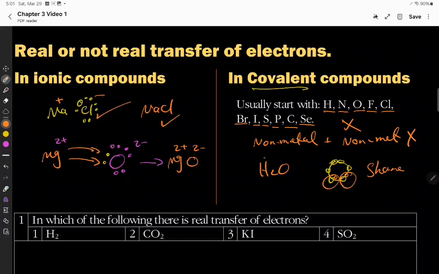In this case, oxygen is more electronegative than hydrogen. Hydrogen will be positive and oxygen will be 2 negative, but it is not because true transfer of electrons happened between them. It is just sharing, but oxygen is more electronegative, so it will attract the electrons more to its side. That is why it will be negative, and hydrogen will be positive.